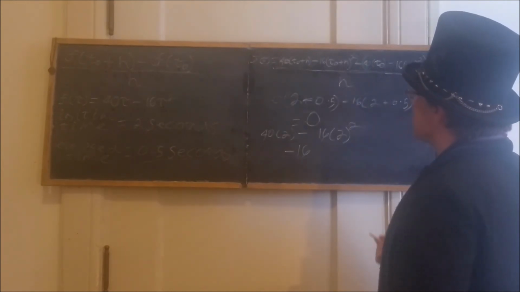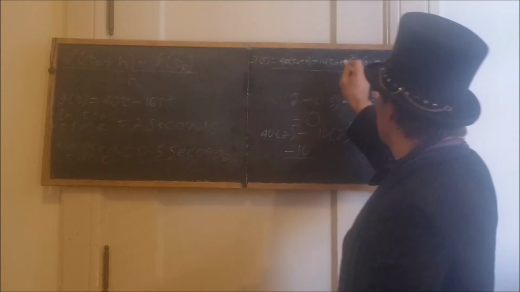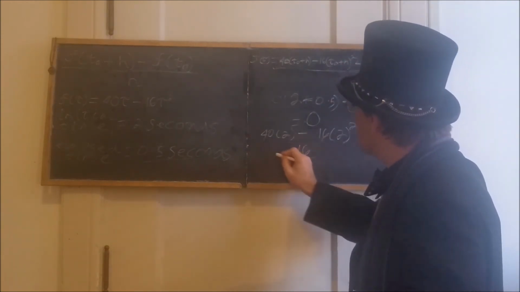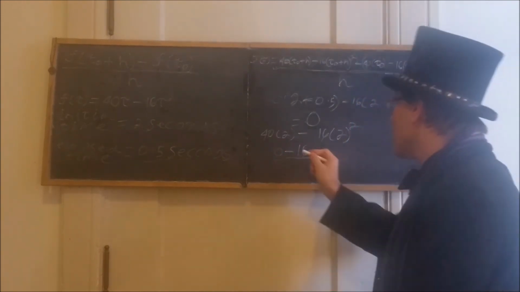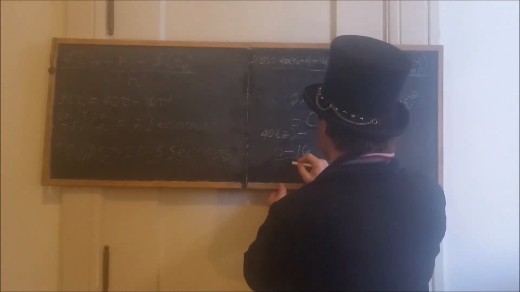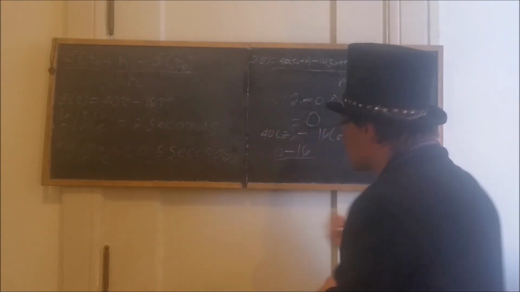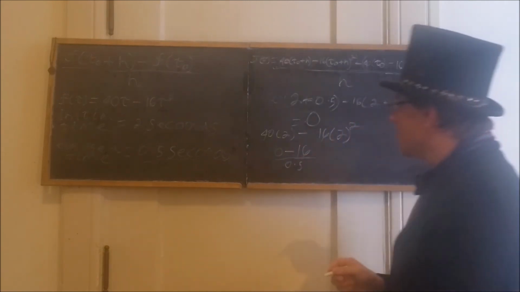And so we also have to do our h. And we were subtracting 0, of course. I hope you followed that. This would be 0 over here, but 0 just means 0, so all you have is negative 16. And so our h is 0.5 seconds.